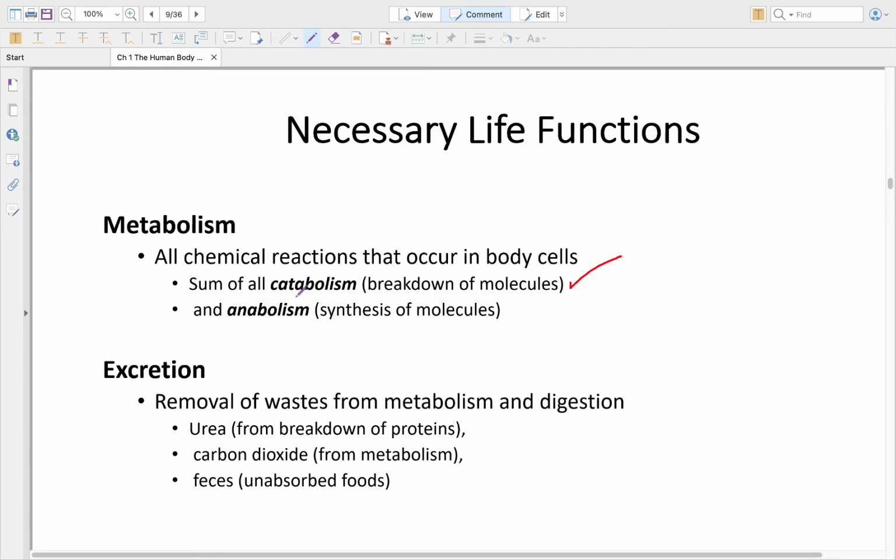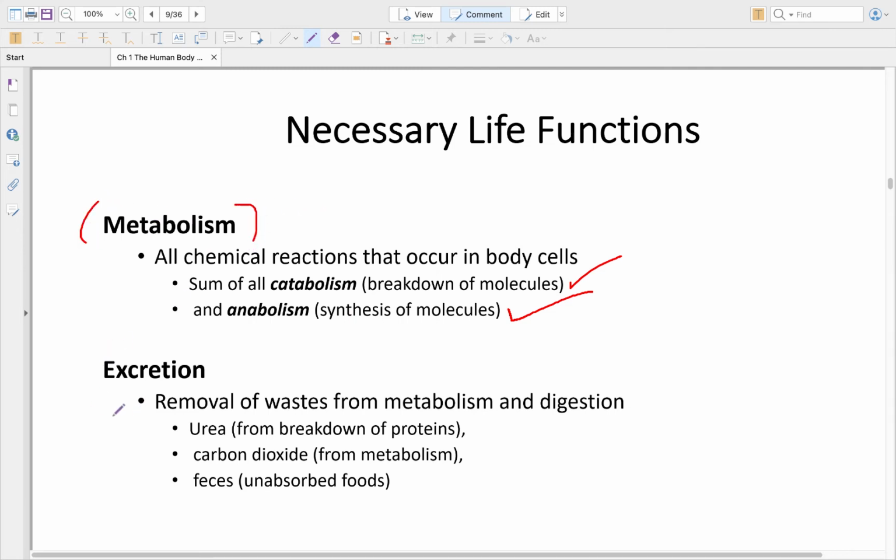And you have anabolic reactions, or anabolism, and this is when the system or cells are synthesizing, aka building, molecules. Okay, and the full sum of all of it is your metabolism.